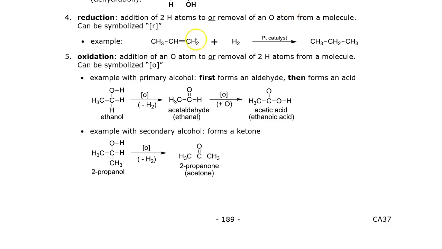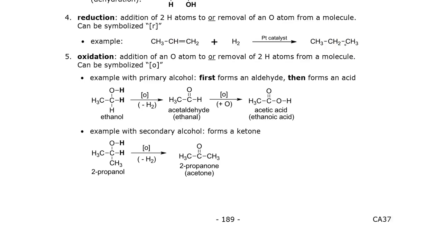Here I have a molecule and I'm adding H2, that's 2 hydrogen atoms, although they're connected together into one molecule of hydrogen. I didn't explicitly show the hydrogen atoms connecting to each of these.